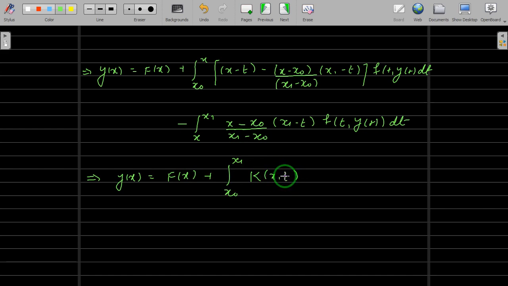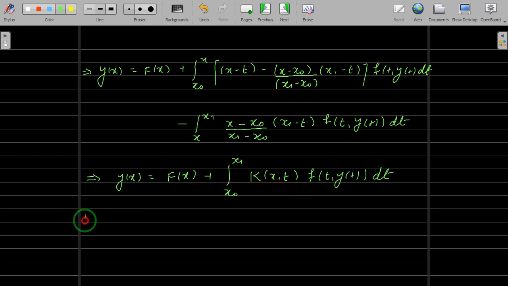In fact, I should not say kernel, some function k x t, y of t. I'm not saying this as kernel because I don't know where the t is. I can take the t inside of this, so that will affect things.